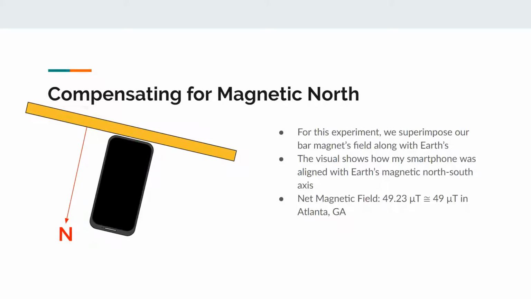And we balanced this along a meter stick or a ruler, which shows how the smartphone was aligned with Earth's magnetic north and south axis, which is vertical to the smartphone, and then the east to west axis, which was horizontal and based on the meter stick. In my case, the net magnetic field was around 49.23 microteslas, which is approximately 49 microteslas as calculated due to the longitude and latitude of Atlanta, Georgia, which is my location.